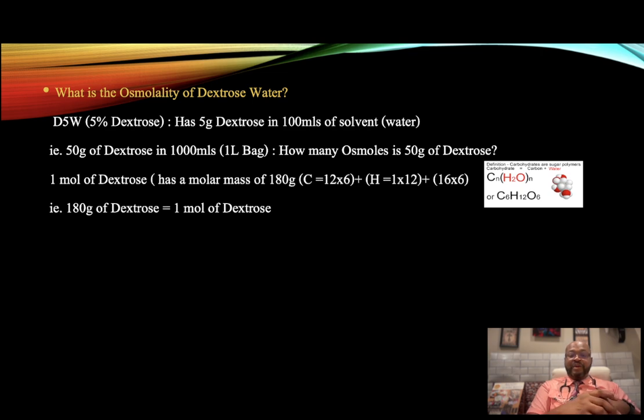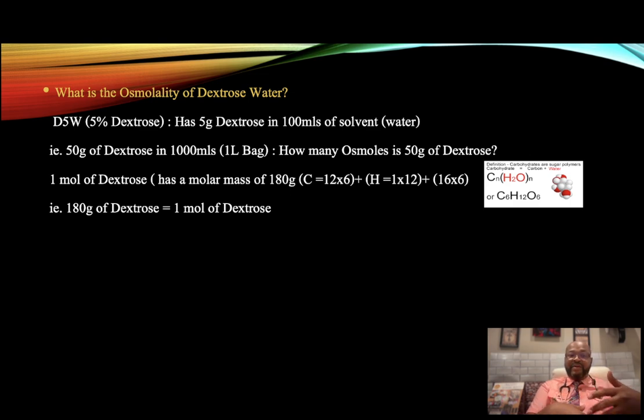All right, so 1 mole of dextrose has a molar mass of 180 grams. And how did we calculate that? If you look at the structure of carbohydrates, it's C6H12O6. And if you calculate it based on the maths there, the total is 180 grams. So 180 grams of dextrose is 1 mole of dextrose.